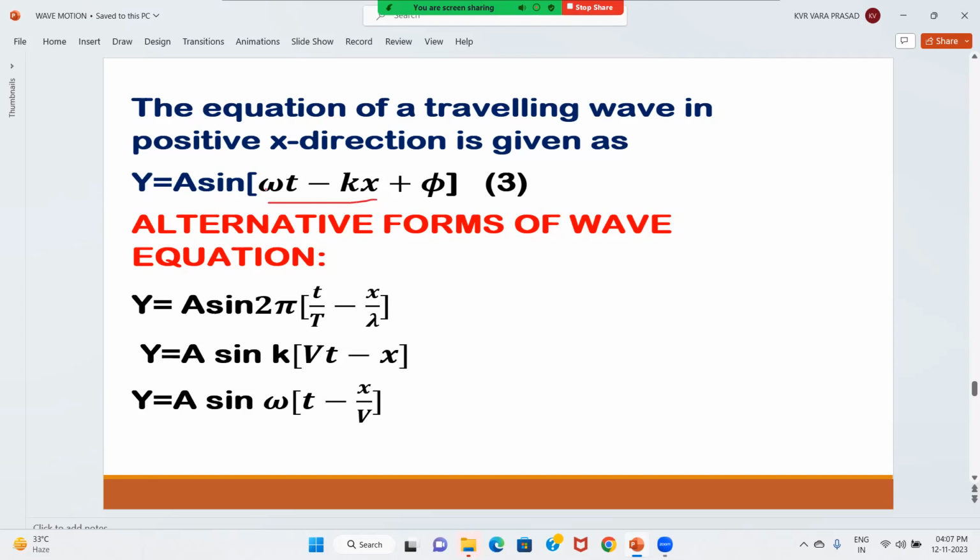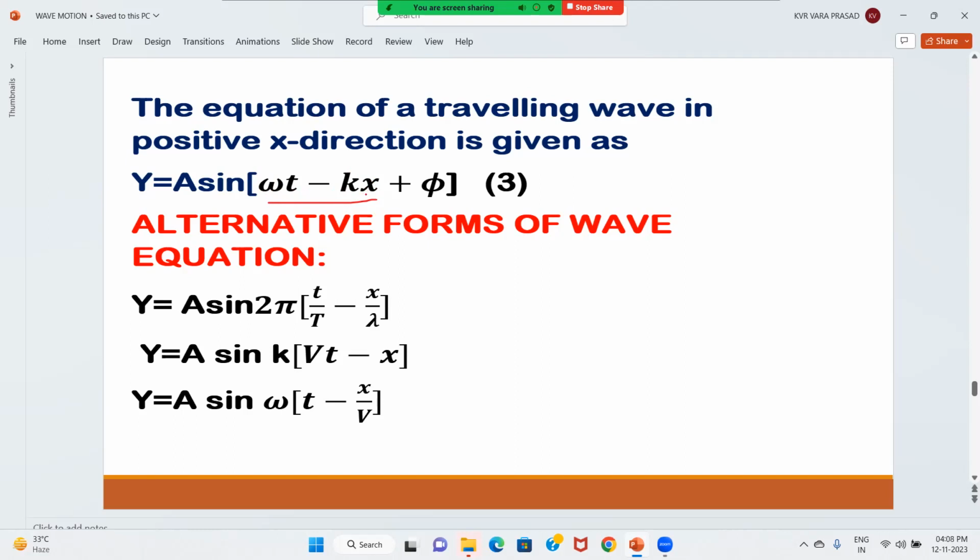See carefully: at a given time, when the x value increases, phase decreases. If you take a given time, as the x coordinate increases, ωt − kx decreases, so the phase of the wave is decreasing. X coordinate increasing means energy is propagating along the positive direction of the x-axis.